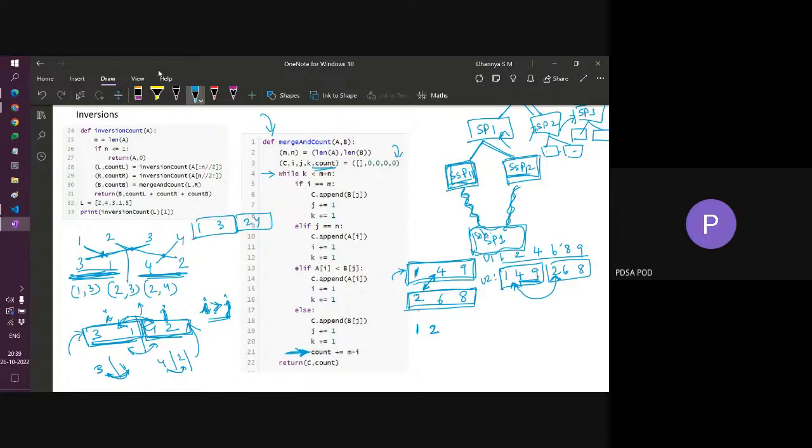So let us look at this same case itself, 1, 3 and 2, 4. I put 1 here, then I take 2. But I know that I have not taken it from the left part, I've taken it from the right part, which means that there is a value on the right side which is smaller than 1 in the left side, which is resulting in an inversion.